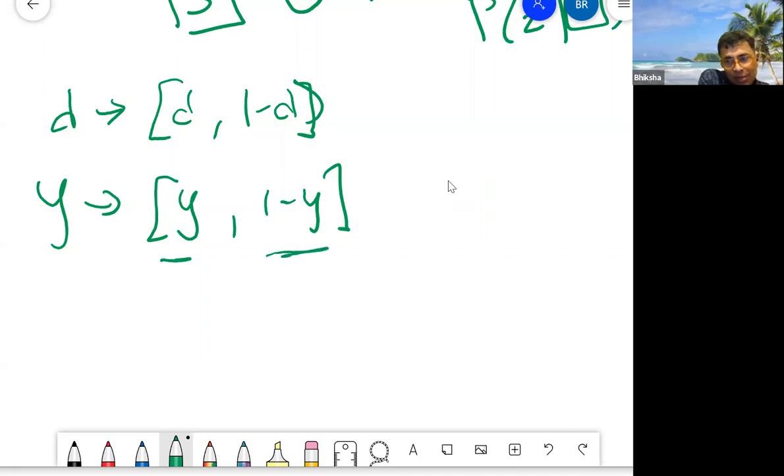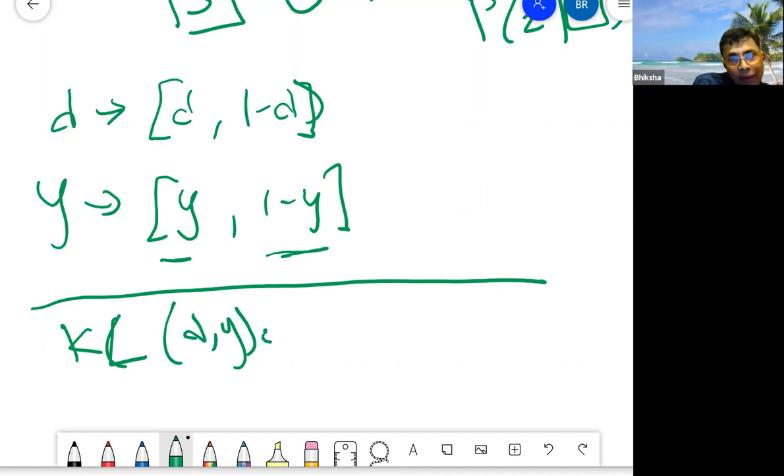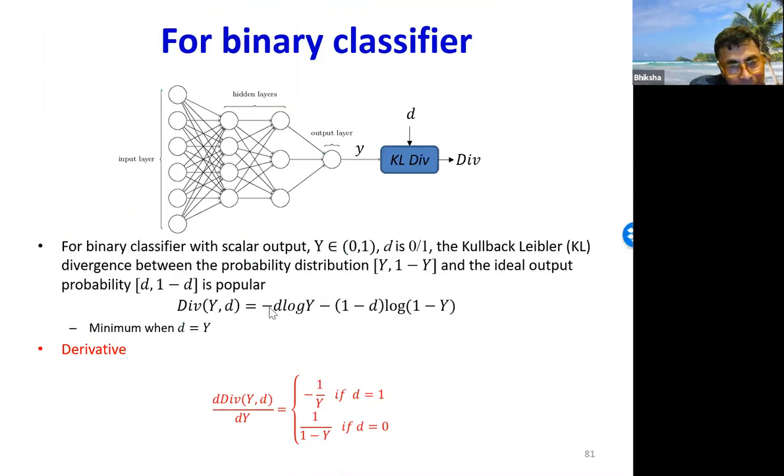This is the estimated probability that it does not belong to the target class. And when you define things this way, then the Kullback-Leibler divergence, KL between D and Y, is going to be what we have on the slide over here. It's going to be minus D log Y minus 1 minus D log 1 minus Y.